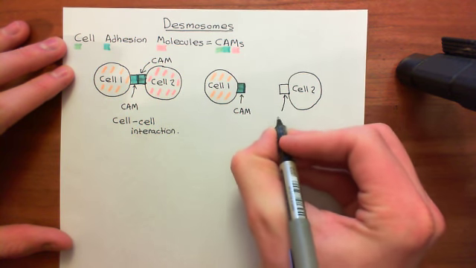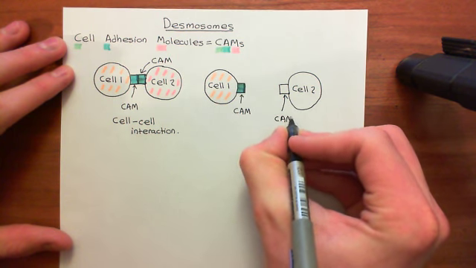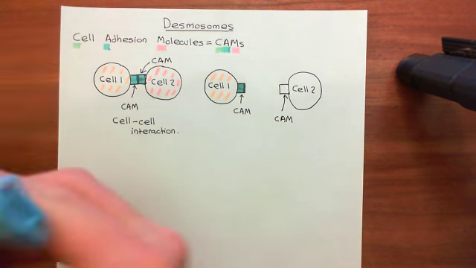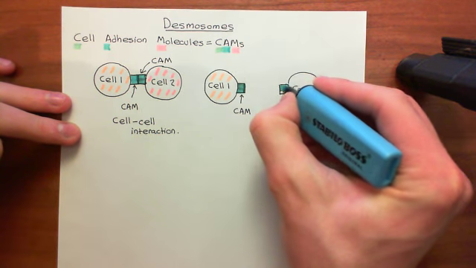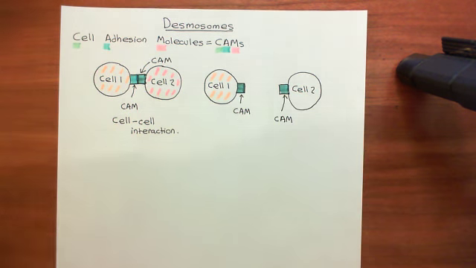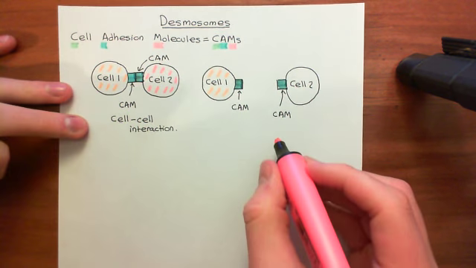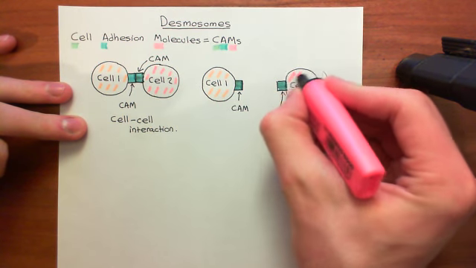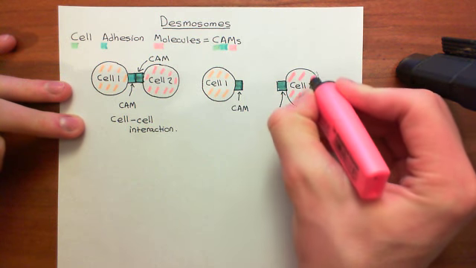So here's a cell adhesion molecule on its surface, but these two cell adhesion molecules on the surfaces of the two cells are not going to interact directly with one another this time. They're going to bind to each other indirectly. Let me now show this.